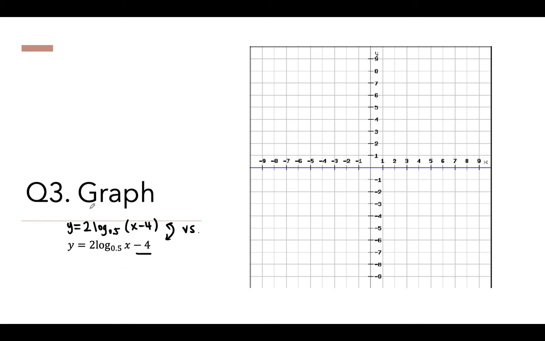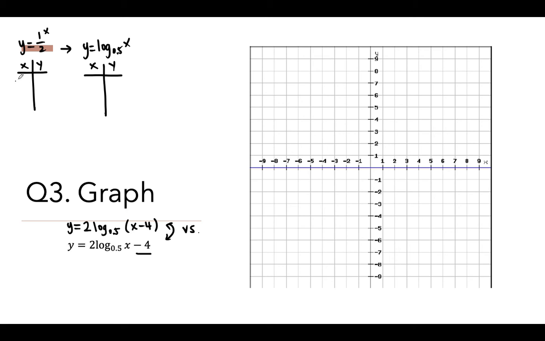So for this one, let's do the logarithmic. This one is coming from the y is equal to 1 over 2x graph. Okay, so I'm going to do y is equal to log 0.5x, x and y.